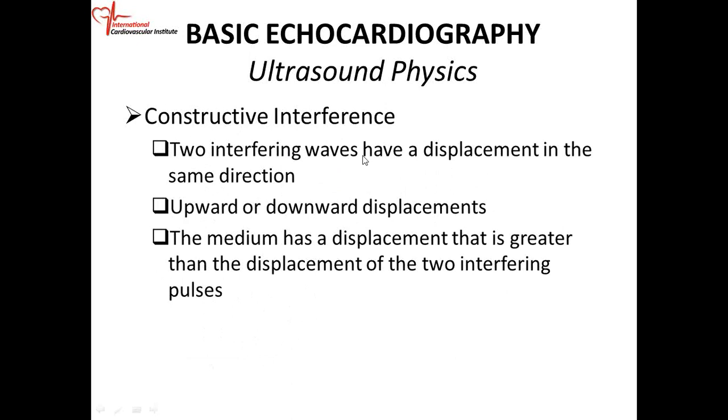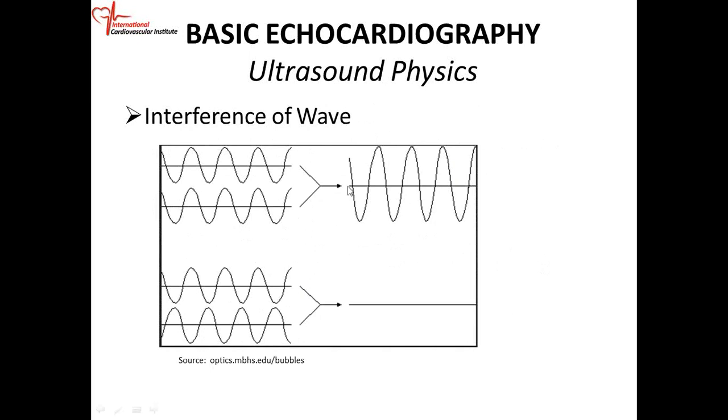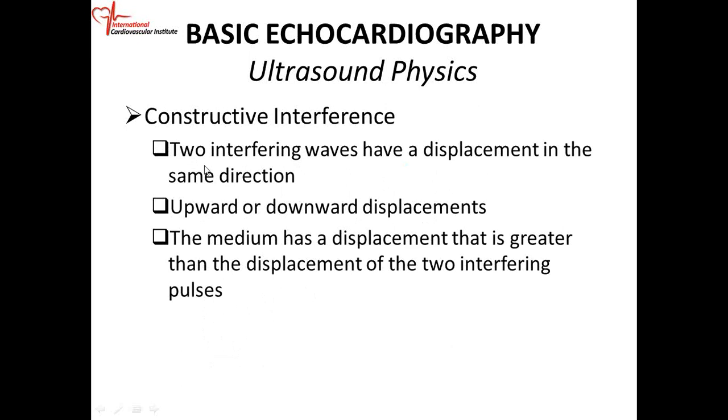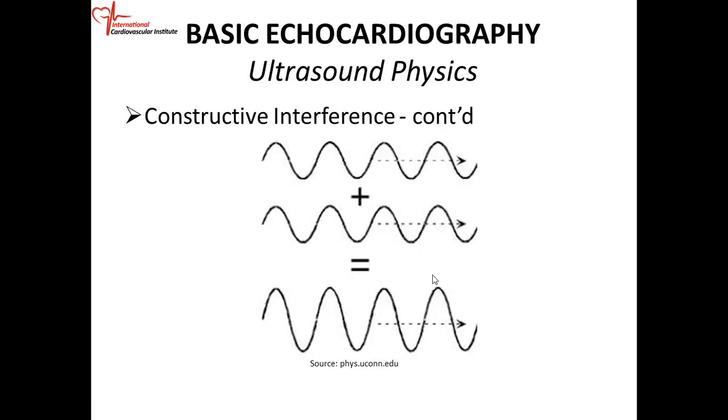Two interfering waves have a displacement in the medium in the same direction, upward or downward. The medium has a displacement that is greater than the displacement of the two interfering pulses. You can see that the net amplitude of this resultant wave is larger than any one of these. That is constructive interference.